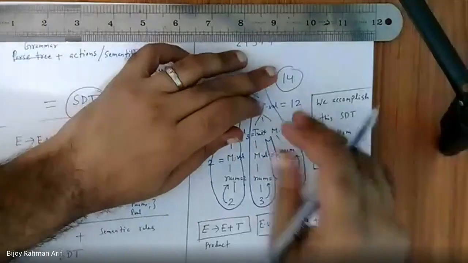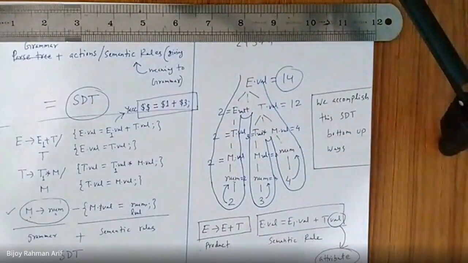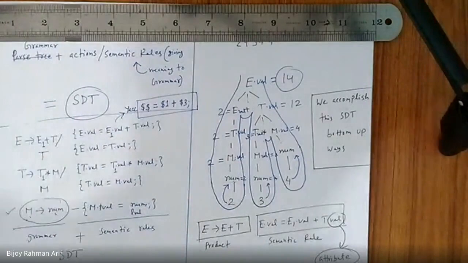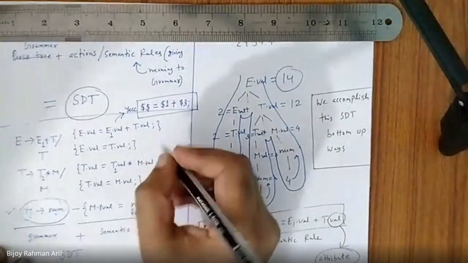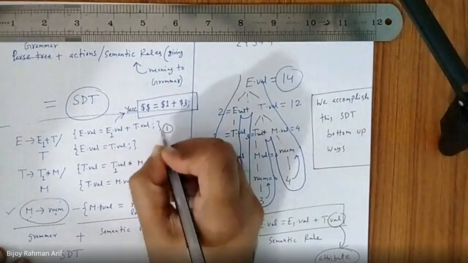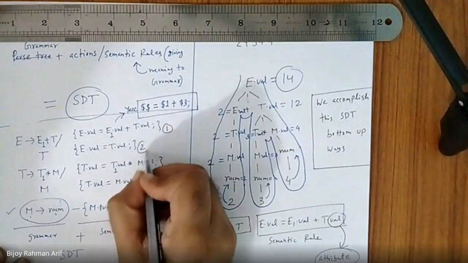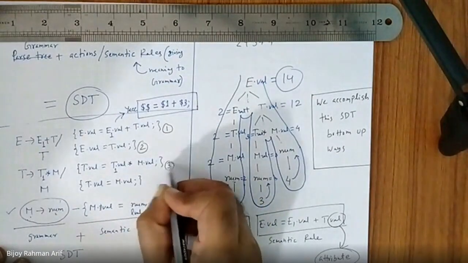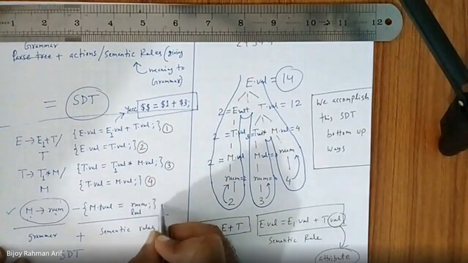Is it possible to accomplish this SDT using the top down process? It is possible. In that case, you have to write here the action numbers, corresponding numbers. So let's write this action as number 1, this one as number 2, this one as number 3, this one is number 4, this one as number 5.